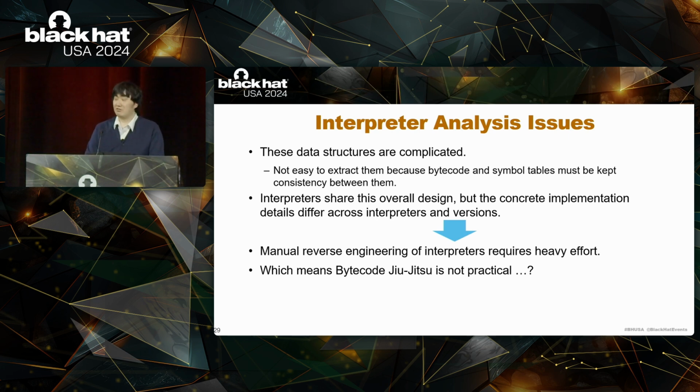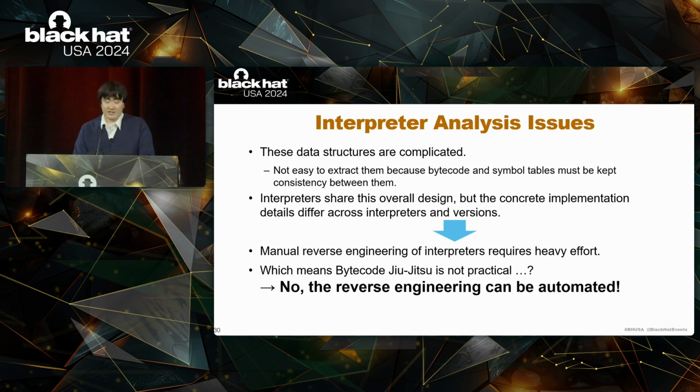And for now, no existing analysis technique can extract such information effectively. Then heavy effort is required from attackers, which means bytecode Jiu-Jitsu is not practical, maybe. Actually, no. We succeeded in automating most of the reverse engineering process. We will introduce our analysis technique today.